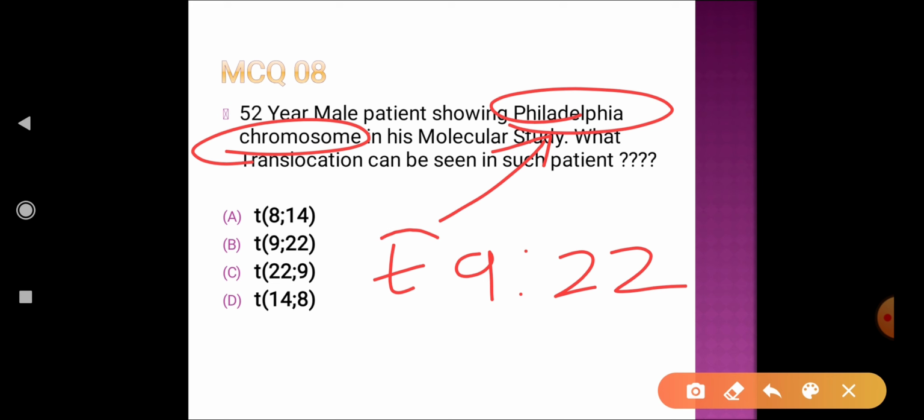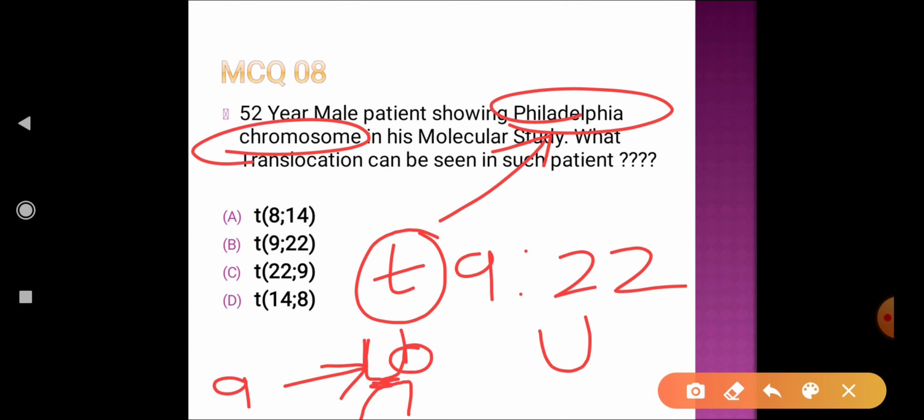Translocation means a portion of one chromosome is transferred into another chromosome. So suppose this is your chromosome number 9, then some portion of chromosome number 9 will be transferred over to chromosome number 22.